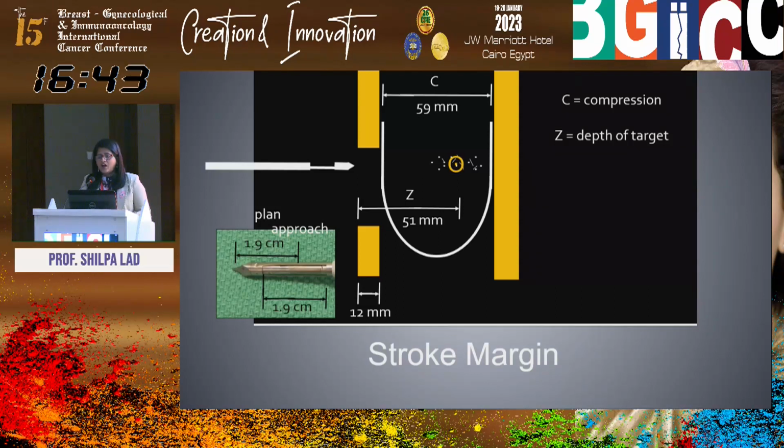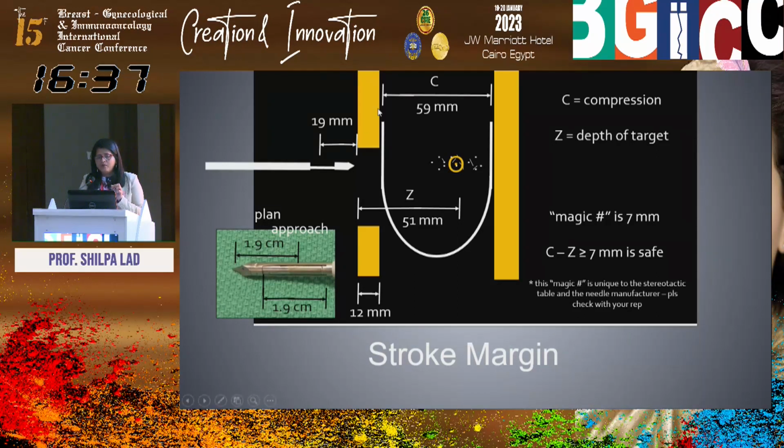So we subtract the depth of the site where the microcalcifications are from the total thickness of the breast. If the total thickness is 59 millimeters and the microcalcifications are located at about 51 millimeters, then we need a stroke margin of at least 7 millimeters.